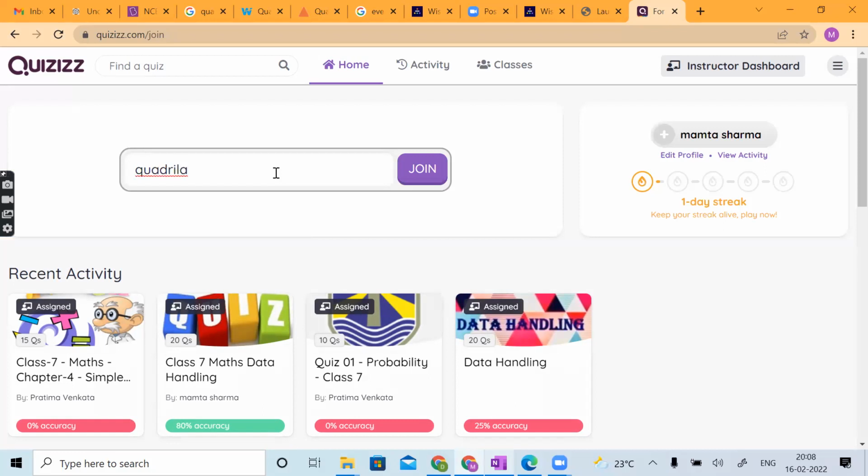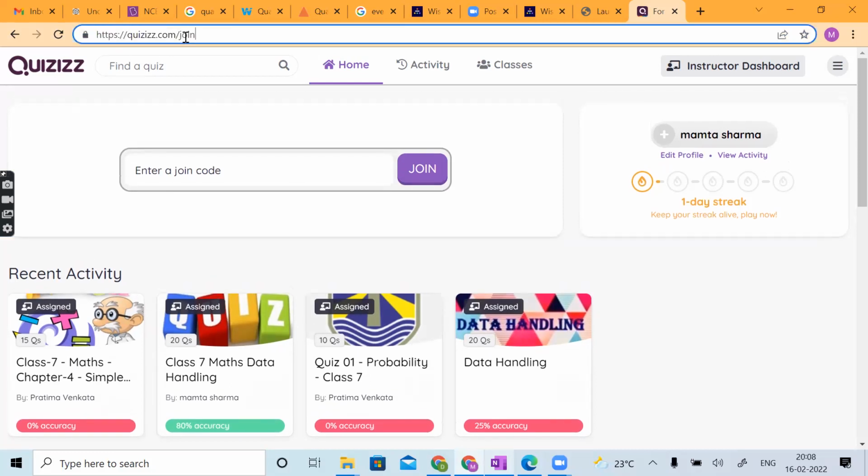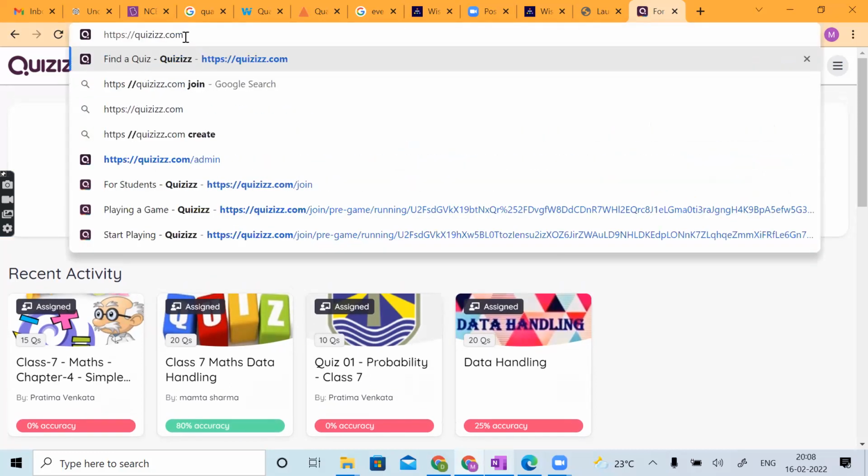Quadrilateral family. Quadrilateral. Wait. Enter the join code. Wait.